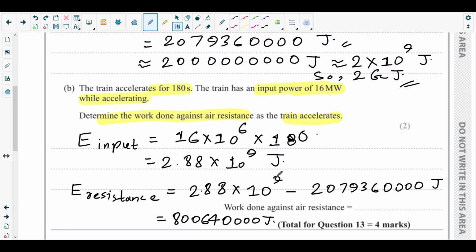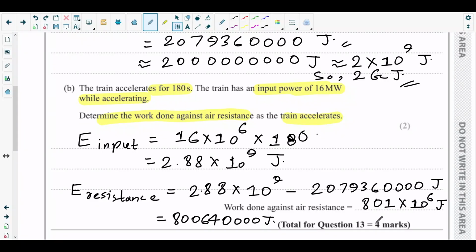So we can write it as 801 times 10 to the power 6 joule, to 3 significant figures in standard form.